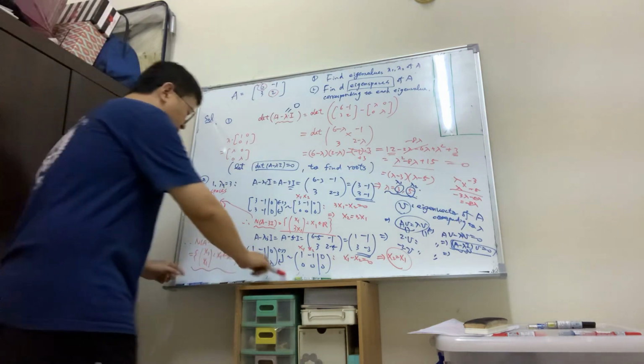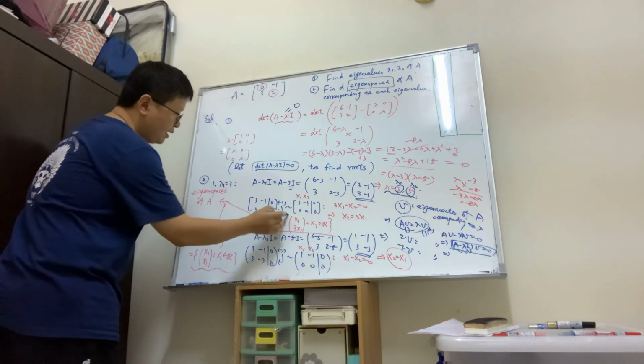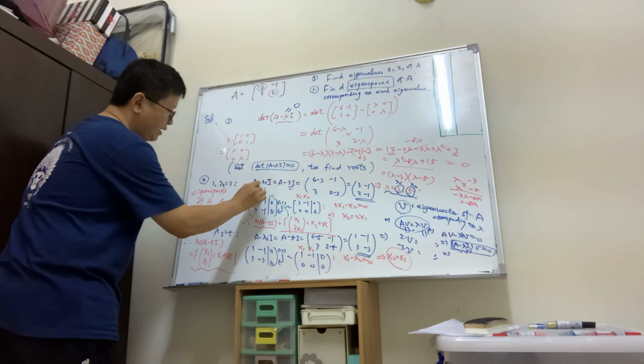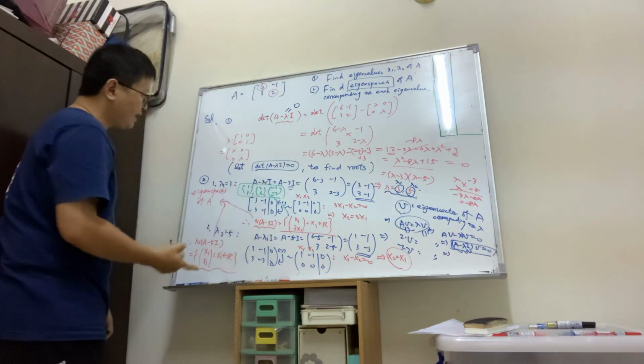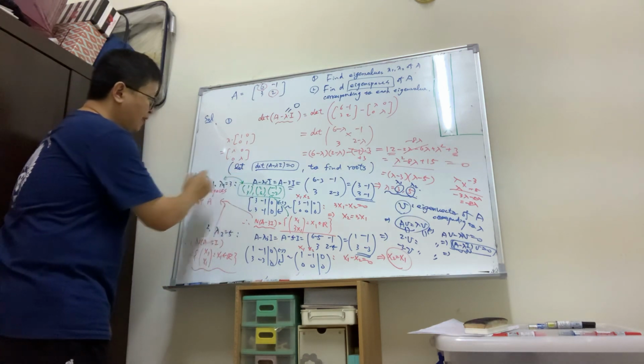And then how about the eigenvector? For example, here you could choose (1, 3), or (2, 6), or (-1, -3). You could check that all of them are eigenvectors of A corresponding to lambda 1.